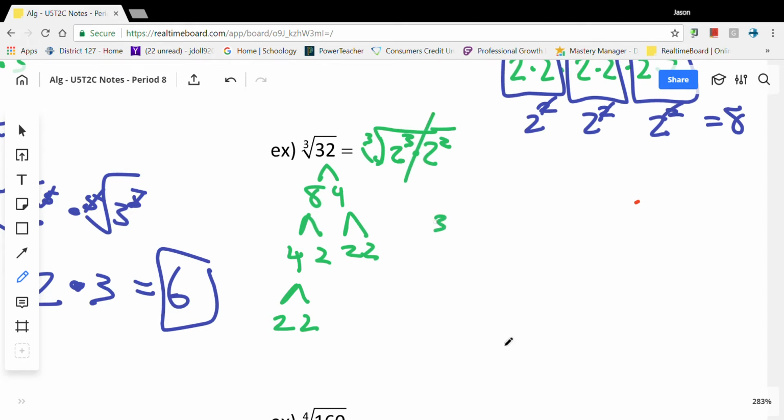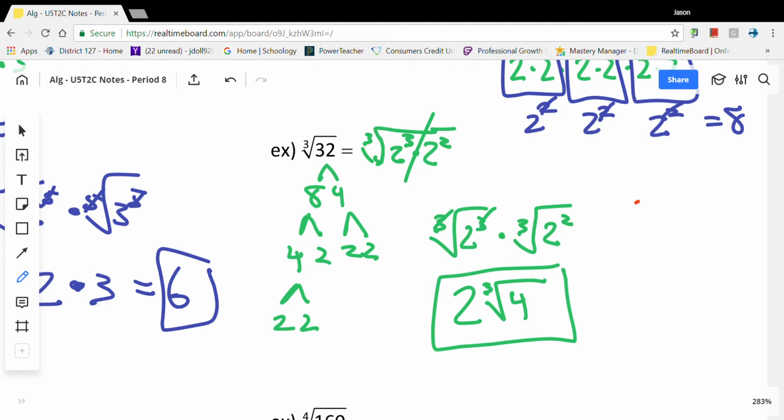Split my radical so that I can use the power to cancel the root, which simplifies to 2. The 2 simplifies out of the radical. However, my third root of 2 squared cannot be simplified, so I am left with 2 times the third root of 2 squared, which is 2 times the third root of 4.